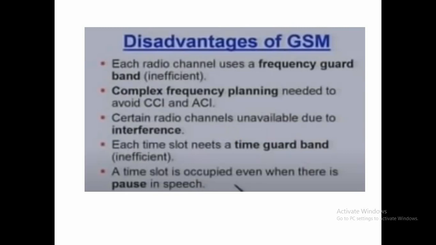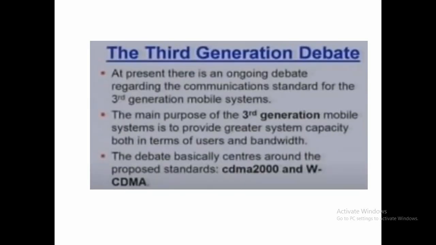But as you reduce the reuse distance, you start getting higher and higher co-channel interference. We also have the provision of cell splitting, but again there is complex frequency planning, and certain radio channels are unavailable due to interference problems.